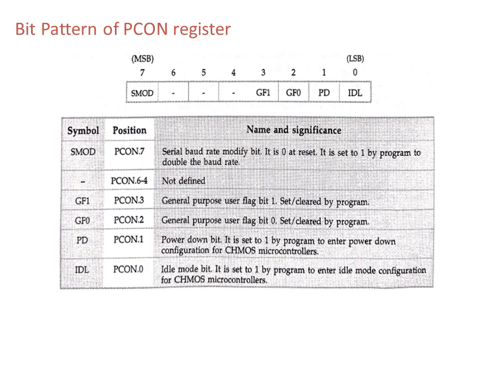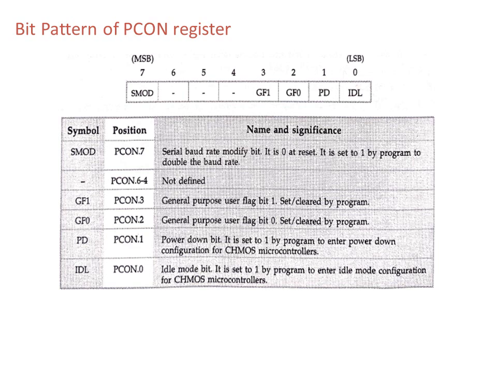The next topic is the bit pattern of PCON, that is the power control register. The bit pattern of the PCON register is shown in the figure. We can observe that PCON is also an 8-bit register. Starting from the LSB side, the 0th bit is IDL, that is the idle mode bit, and the first bit is PD, that is the power down bit.